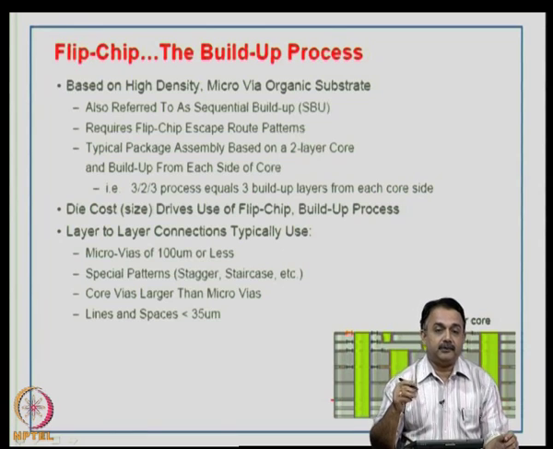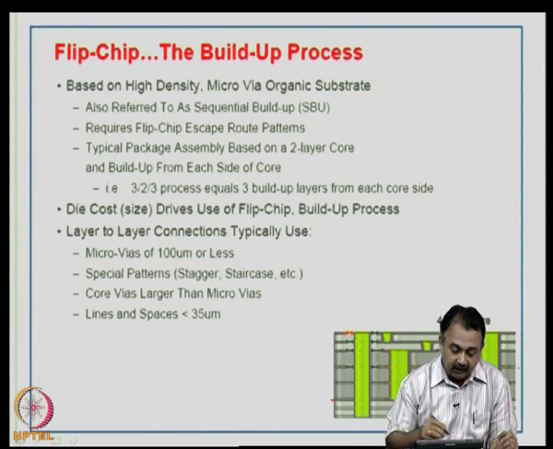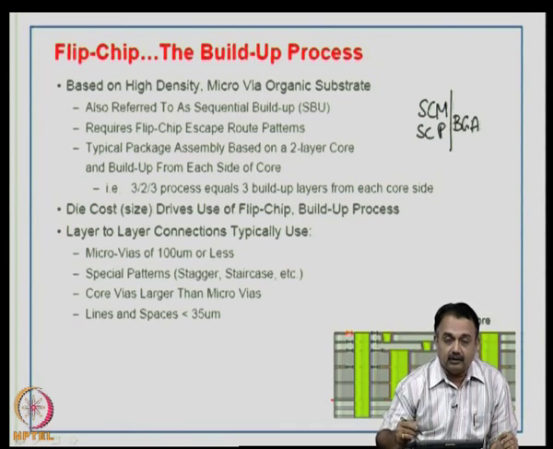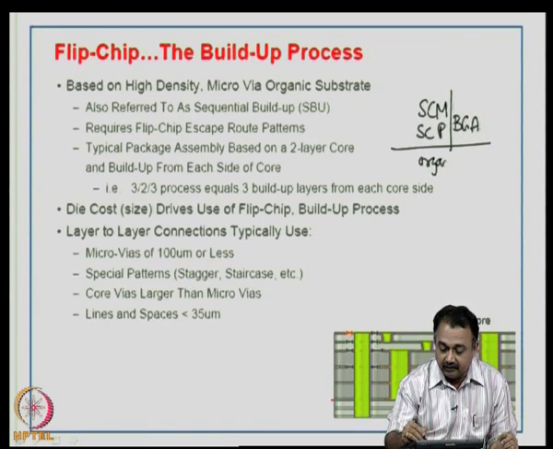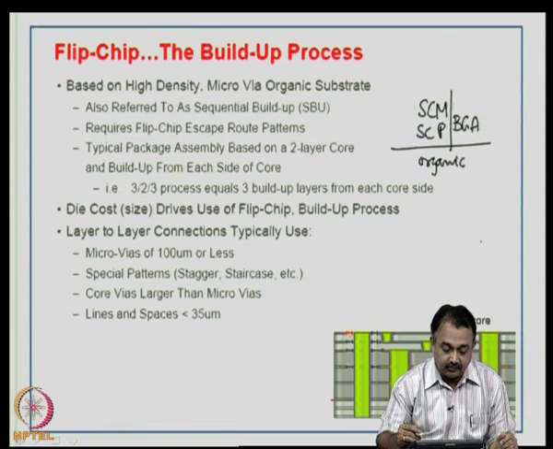For these kind of flip chip processes, you require a high density interconnect organic substrate. Even if you are making single chip modules or single chip packages, for example, like a BGA, where you are going to use a flip chip, you will require an organic substrate, after which it is encapsulated, both the die and the organic substrate.